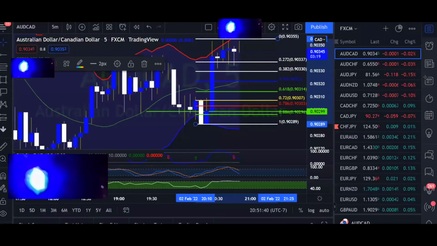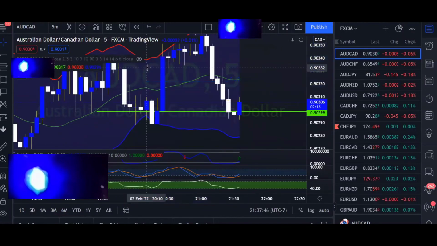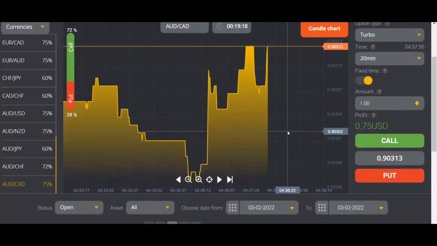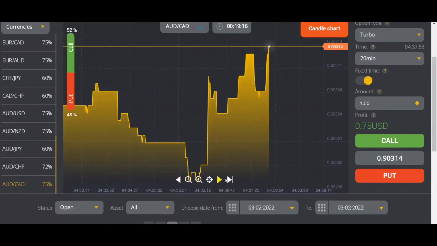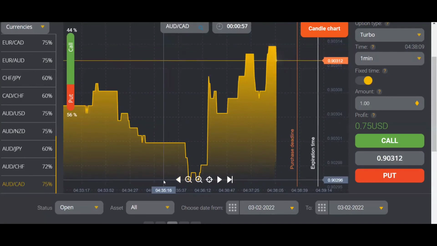So for example, oops, got an alert here. Sorry about that. I had drawn this up earlier. So I'm going to take, for example, a trade. I would have wanted it down here for however long I want, and I would have been in profit if I would have done a call here.